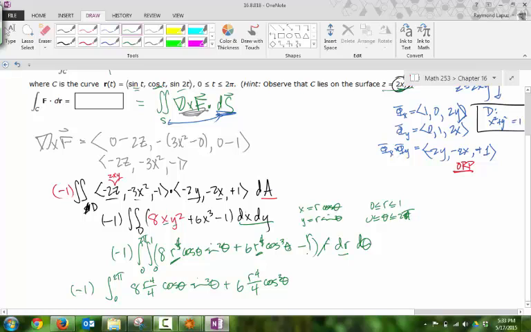Let's try that again. So the first integral is r to the 5th over 5. Second integral is r to the 5th over 5, with everything else there. And then the last one is just r squared over 2. So we want the r go from 0 to 1, and if you put 0 in for r, it all disappears. So let's see what constants we have left.